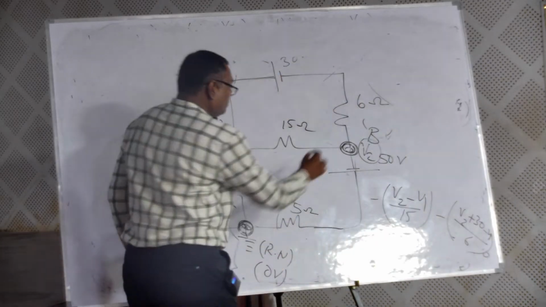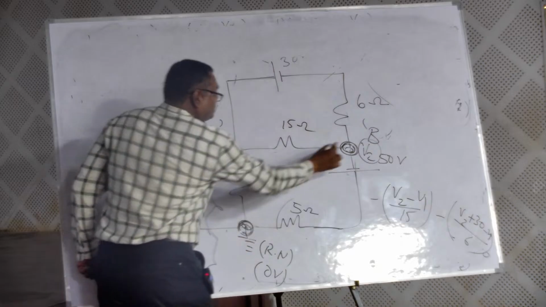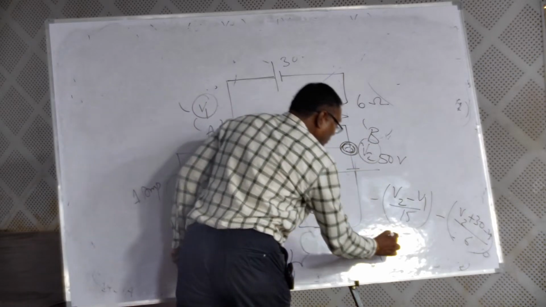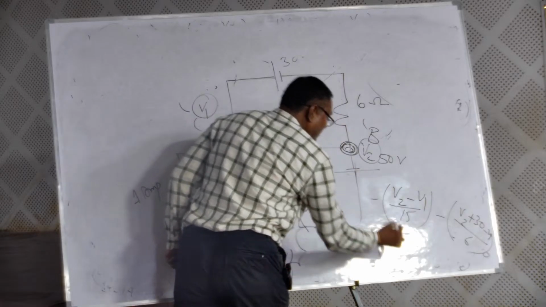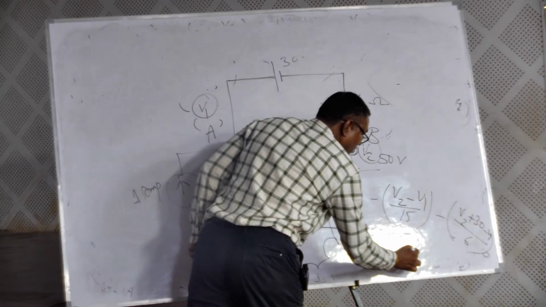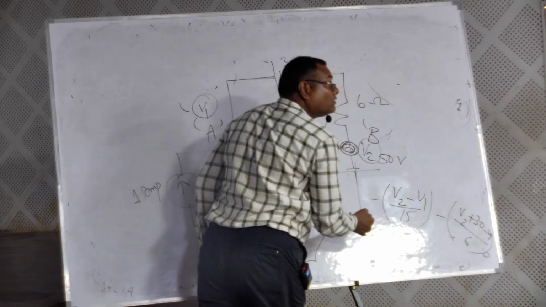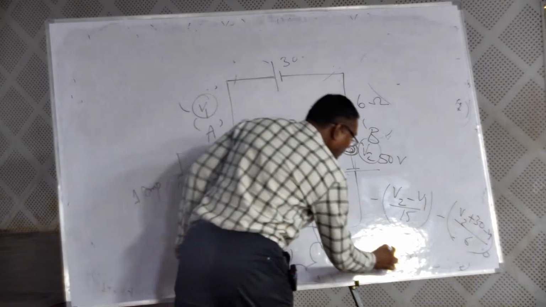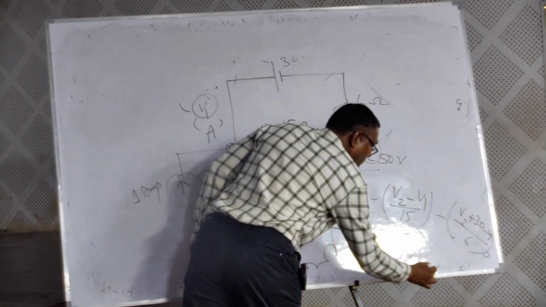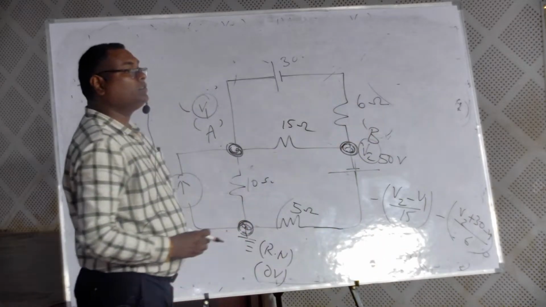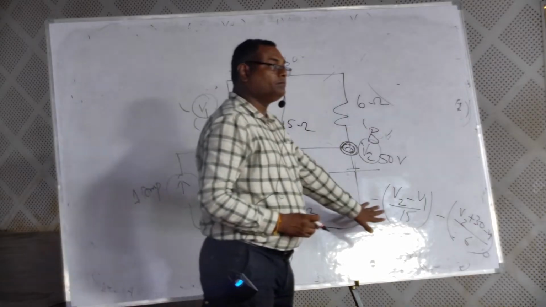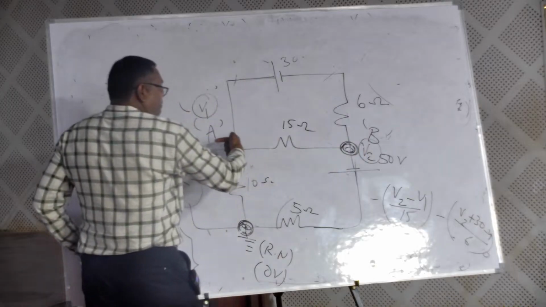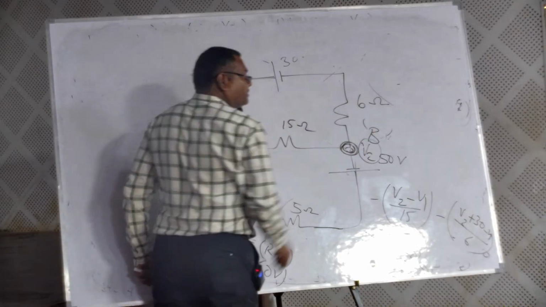Now the last one. From here to here, this is the current flowing. Minus V2 minus, plus 50, leave the 0, by 5 is equal to 0. Check it. I am telling again, the last one: higher potential to lower potential. V2 is in charge.